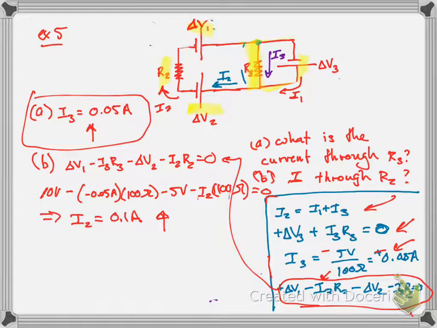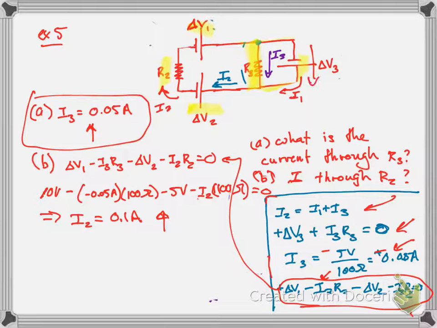Just make sure now this makes sense. To me, what didn't make sense is when I calculated it using the wrong sign, the directions didn't make sense. But now we can see that the currents make sense in terms of what they're doing with the power supplies, right?